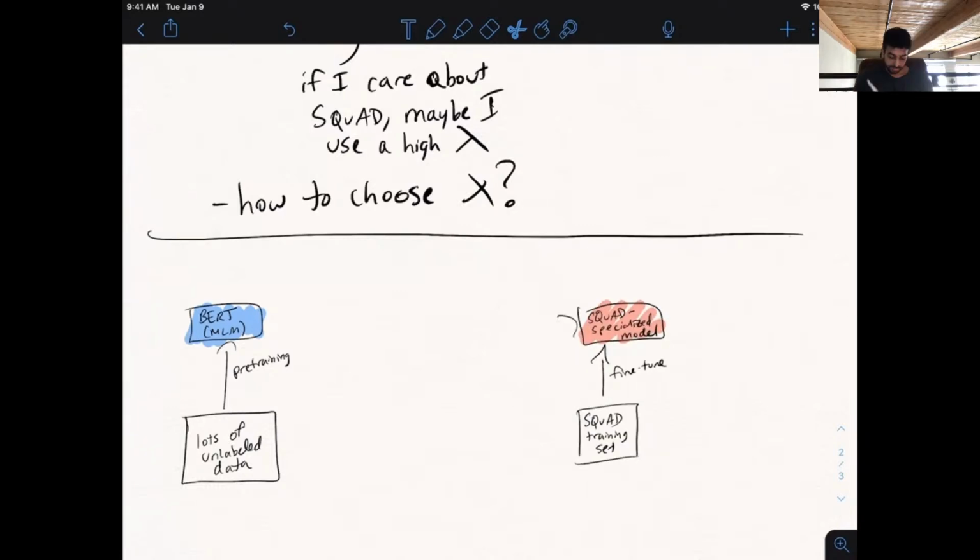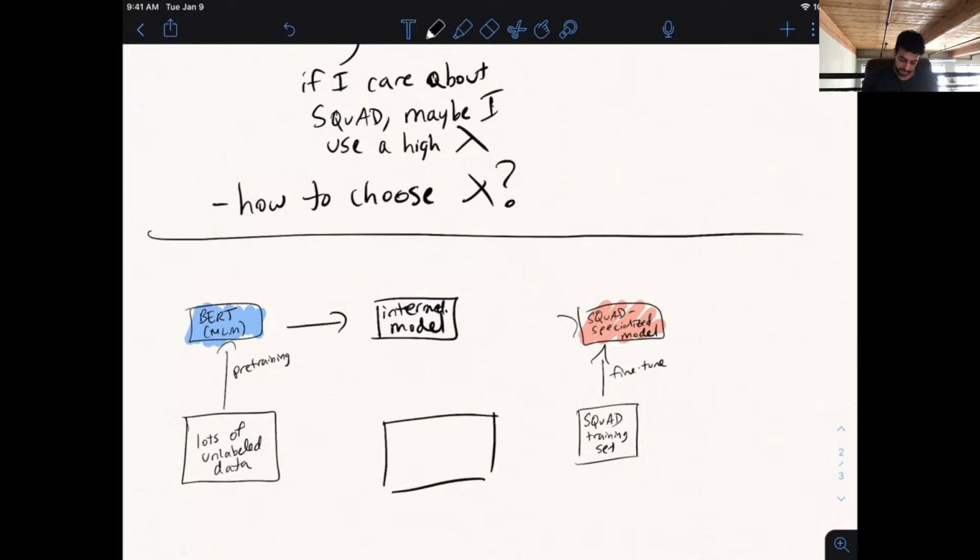But instead of just going directly from pre-training to fine-tuning, we're going to add an intermediate stage. And so here, we're going to have this intermediate model. And we're going to get this intermediate model by using a different data set.